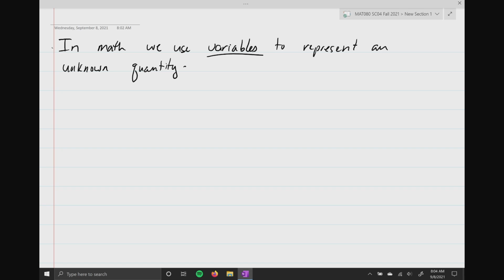Now on the flip side of that, a constant is a known quantity. So variables get letters. Constants are numbers. They always stay the same. Okay, does that make sense so far? Are there any questions with that?